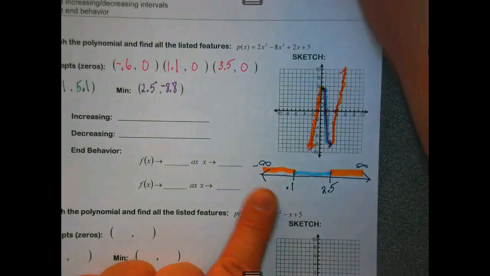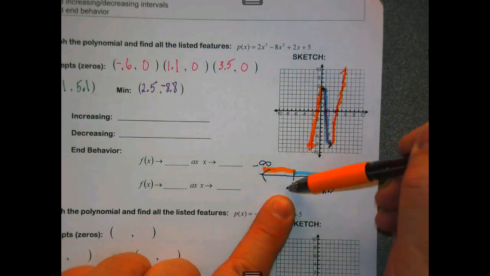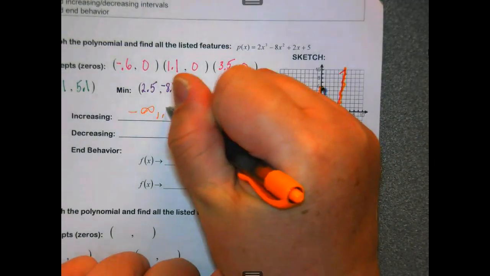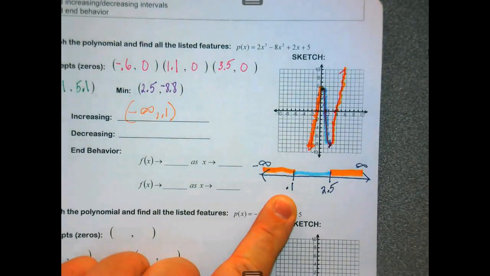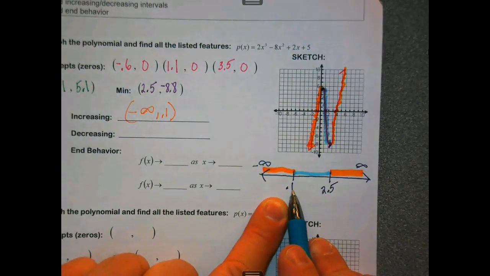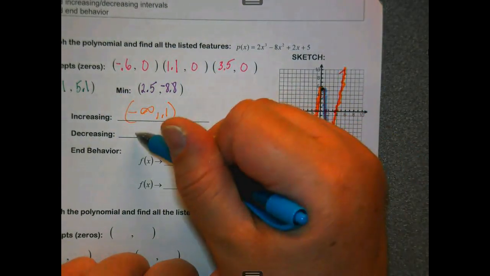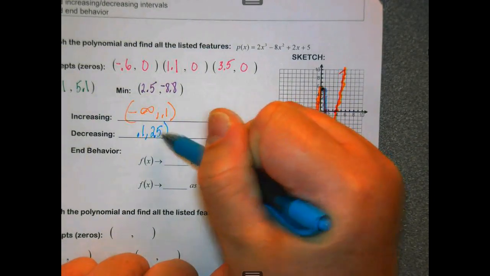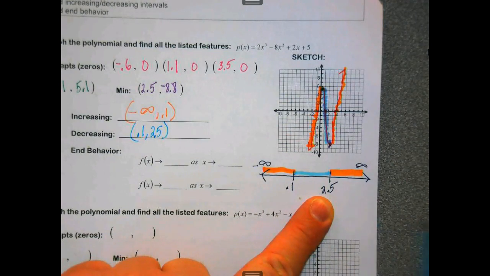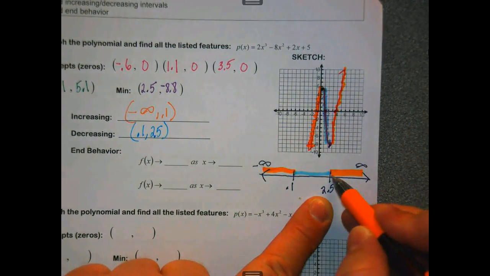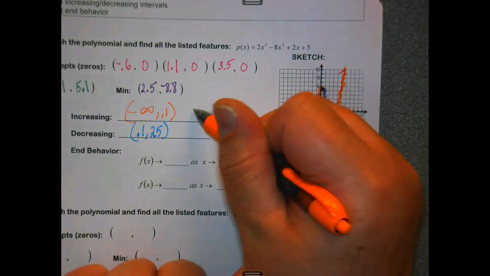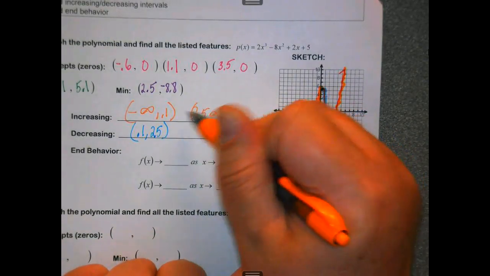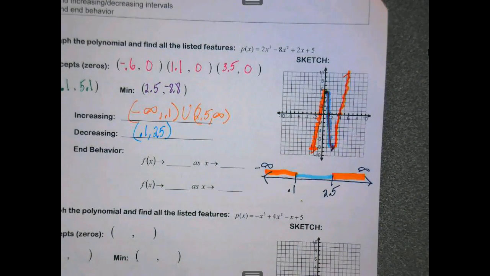So it's increasing from negative infinity to 0.1, decreasing from 0.1 to 2.5. Then it's going to increase again, 2.5 to positive infinity. Since I got two intervals here, I should put a union.